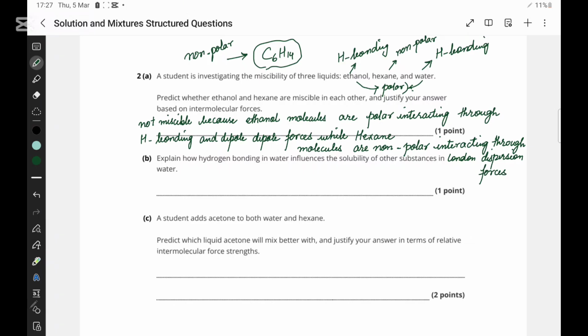Explain how hydrogen bonding in water molecules influences the solubility of other substances in water.